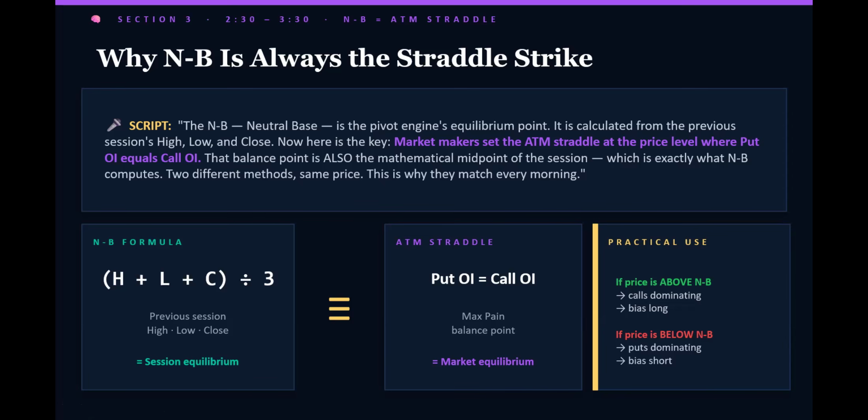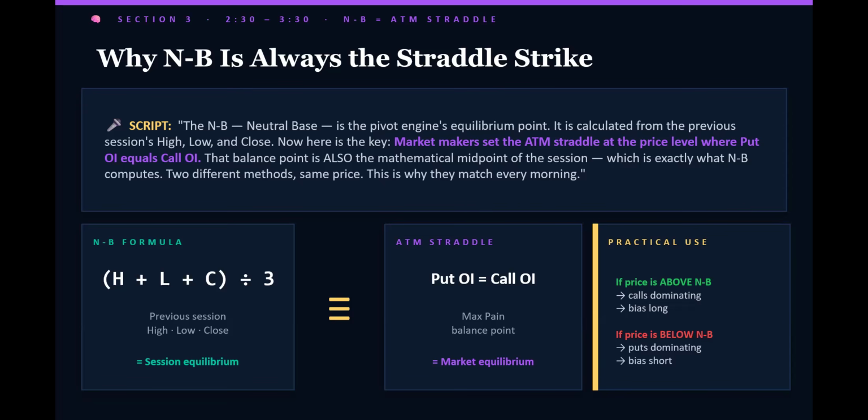Market makers set the ATM straddle at the price level where put OI equals call OI. The balance point is also a mathematical midpoint of the session, which is exactly the Nalini base. Two different methods, same price. This is why they match every morning.